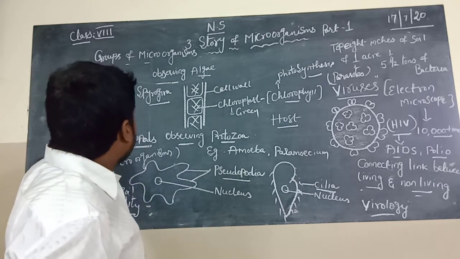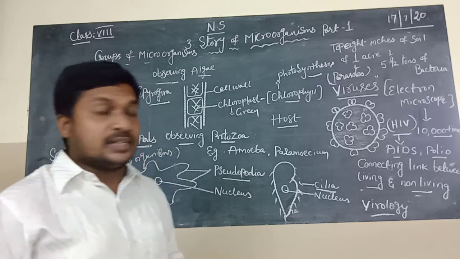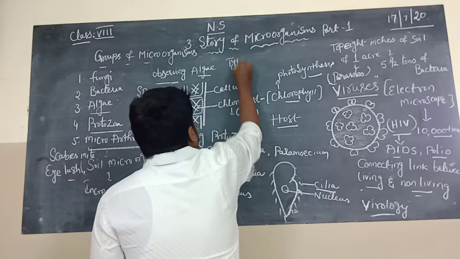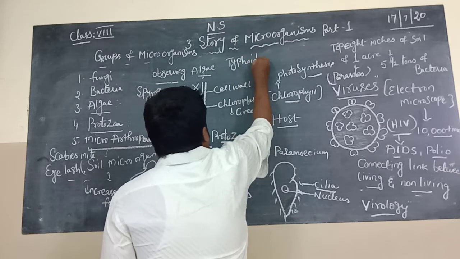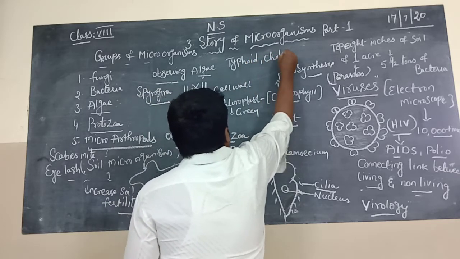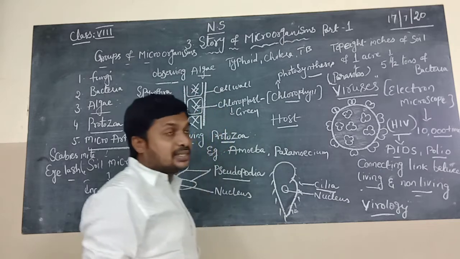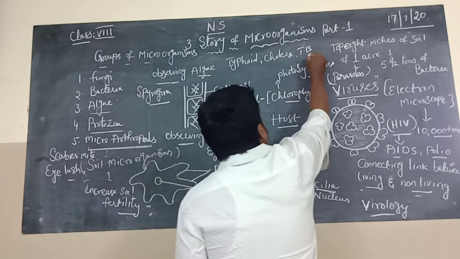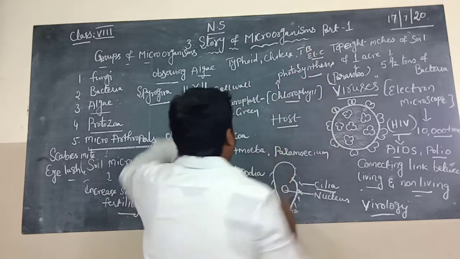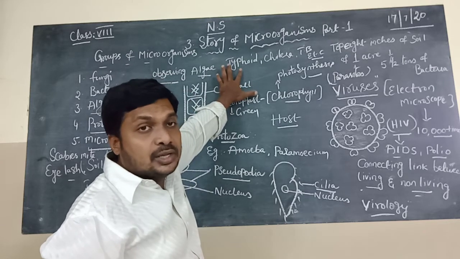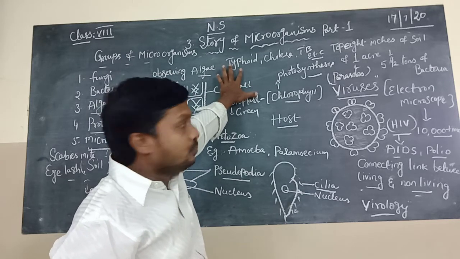Next, some bacteria are harmful to us. For example, typhoid, cholera, TB. TB means tuberculosis. These diseases are caused due to bacteria. Typhoid is caused by a bacteria known as Salmonella typhi.